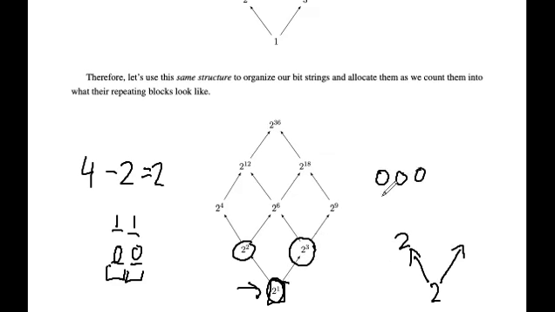You can't have 0, 0, 0, or 1, 1, 1, so you just have to take those off. So basically, to get this number, you add the number that aren't primitive, which is what's below, plus the number that are primitive, and you should get 8. So this should be 6. Meaning there are 6 primitive bit strings of size 3, 2 of size 2, and 2 of size 1.